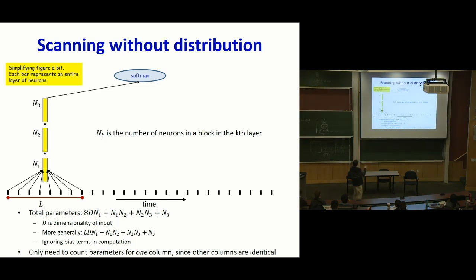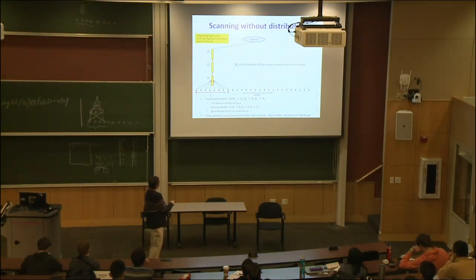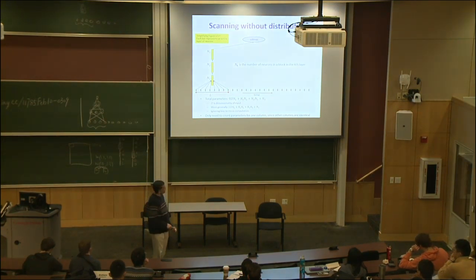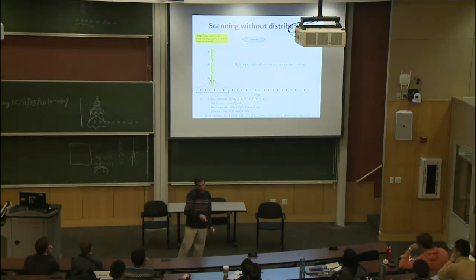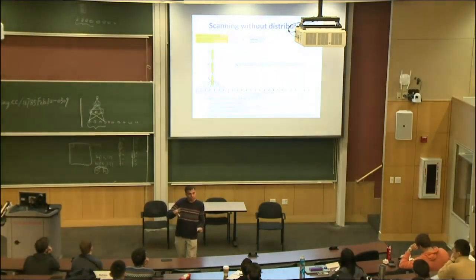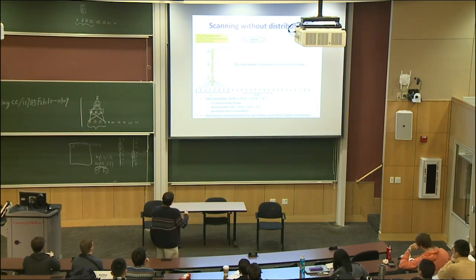And so there's going to be 8 times d connections going into N1 neurons. So 8dN1, and this is N1 connecting to N2, so it's N1 times N2 parameters, plus N2 connecting to N3, it's N2 times N3 parameters, and so on. So if I were just scanning with a non-distributed network, the actual number of parameters I'm going to have is this, right?